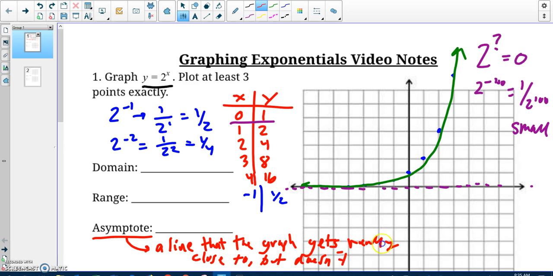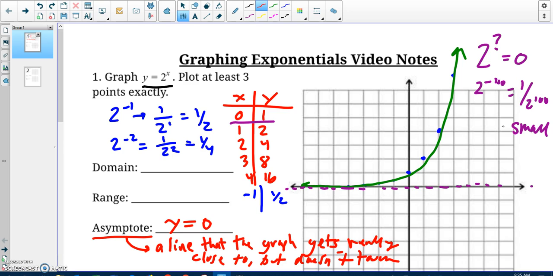Can't touch an asymptote. Okay. If I was going to describe that purple line, it's a horizontal line. So it's going to look like y equals, and it's y equals 0, because it's at a y value of 0.